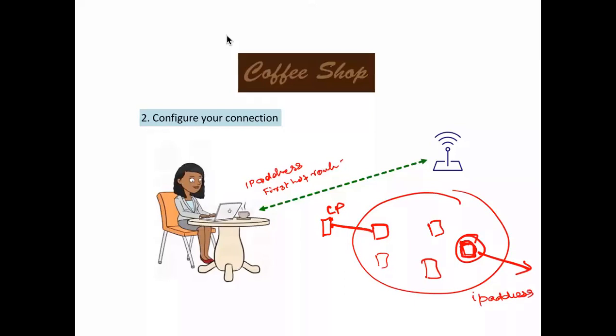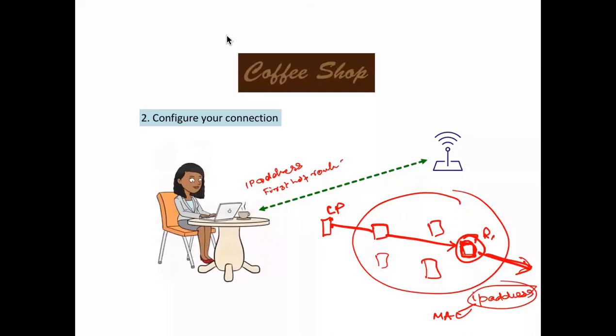If she knows the IP address, she can find out its MAC address, and then directly send a message to this router, and the router, because it does layer 3 routing, can send the frame or packet outside. Simple.